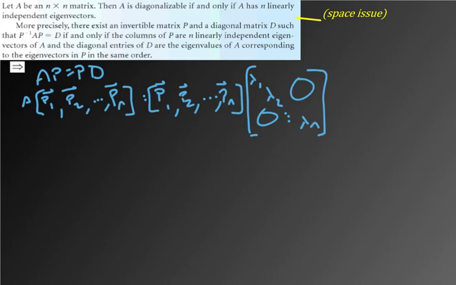What I've got right here is I'm basically just splitting P up into column vectors. And then this is my diagonal matrix D. Now, I'm going to show you that they are eigenvalues. And these are just zeros everywhere. So what I need to show is that these are linearly independent, and I need to show that the eigenvalue-eigenvector relationship pops up here.